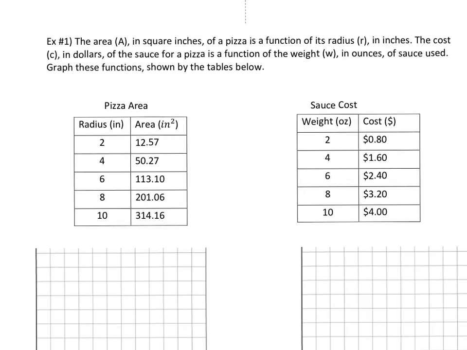Example 1 here. There are a lot of words going on. Don't let the words freak you out, okay? I'm going to explain to you what it all means, but I want you to see what's going on. So here's what it says. The area A, so A is the area in square inches of a pizza, is a function of its radius r in inches.